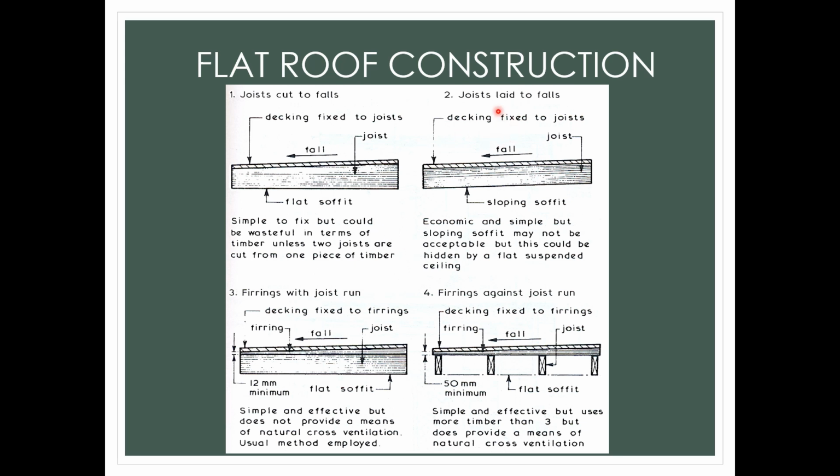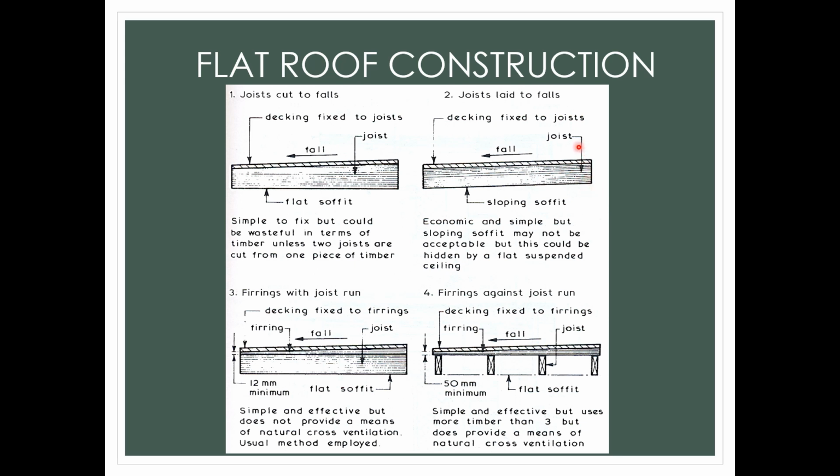The next one is joist laid to falls. So we have this joist, and how we put the joist is slightly higher on one side than the other. We cut the joists at the same size, but when we lay the joist from one wall to the other wall, one side is slightly higher.